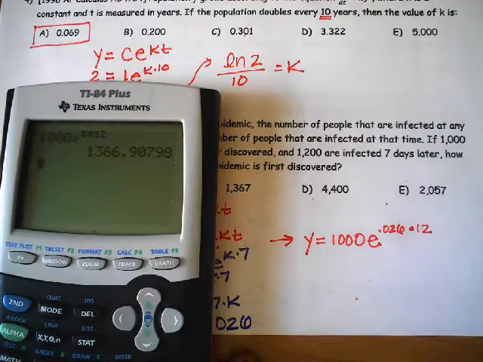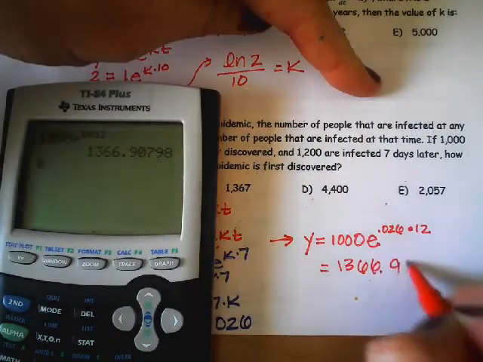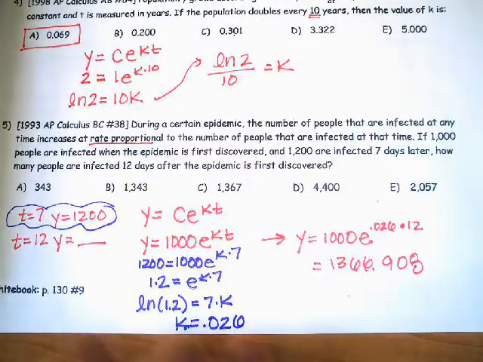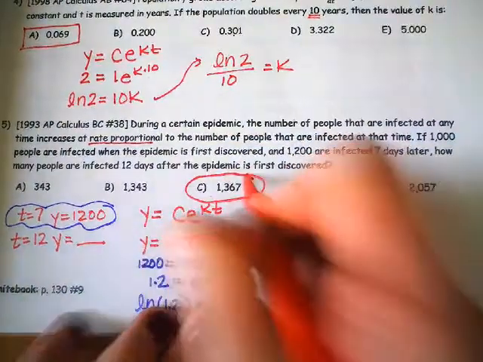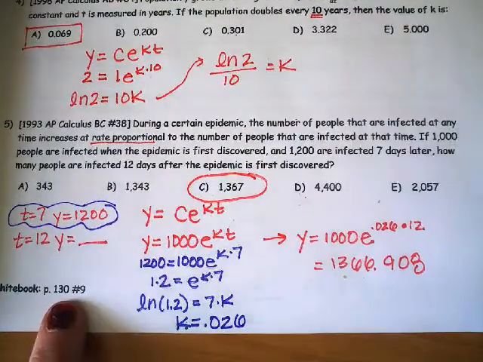And I get 1366.908. And so if I had to choose the correct answer that would match up with that, I would choose answer choice C.